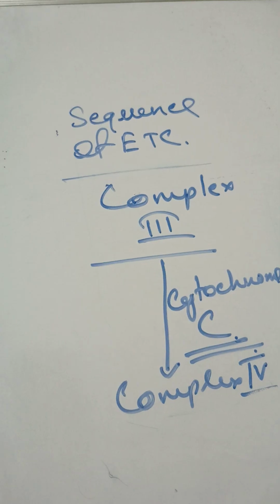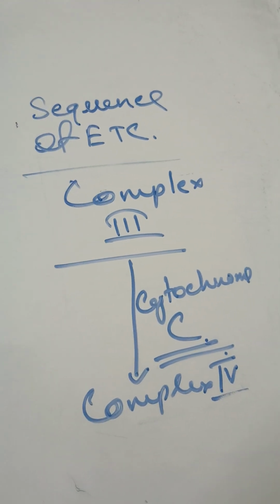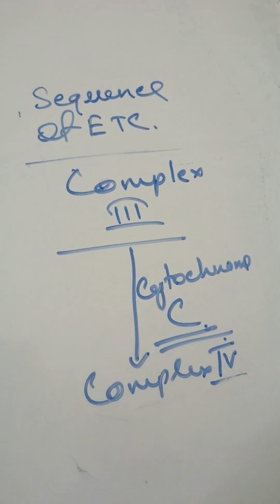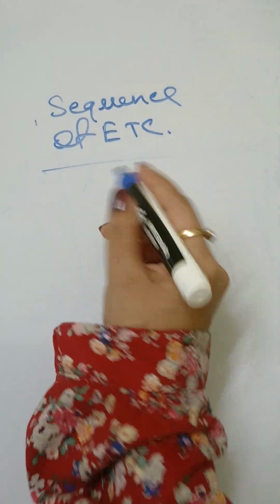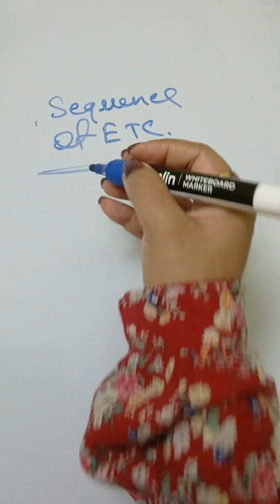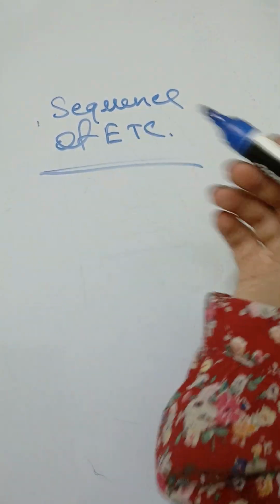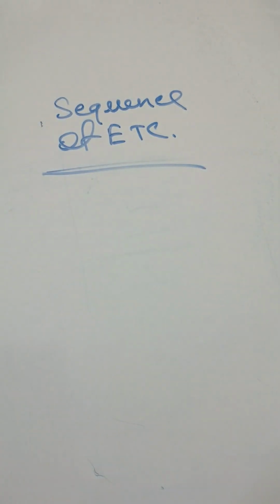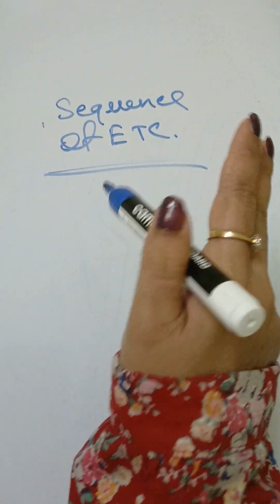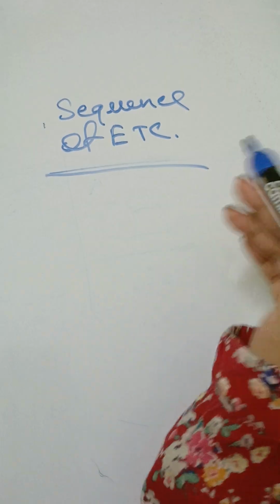With the help of cytochrome C, the electrons move from complex 3 to complex 4. Now, one very important thing: on the one hand there is the transport of the electrons along with their free energies from complex 1 and complex 2 to complex 3, but there is also the simultaneous production of ATPs.